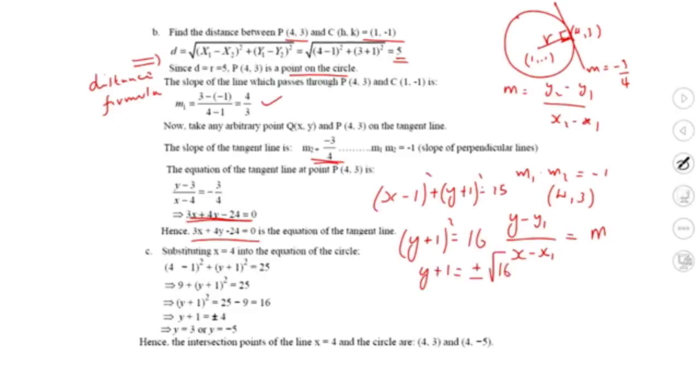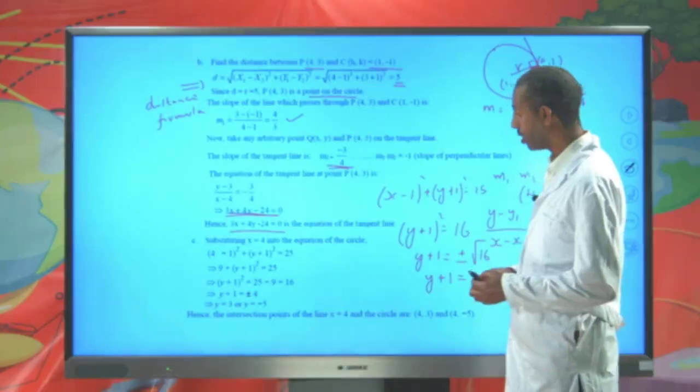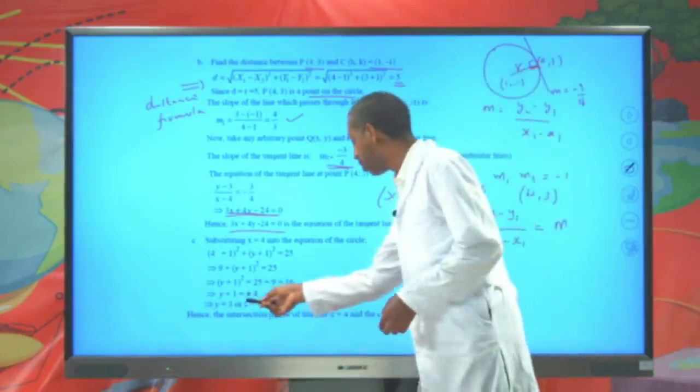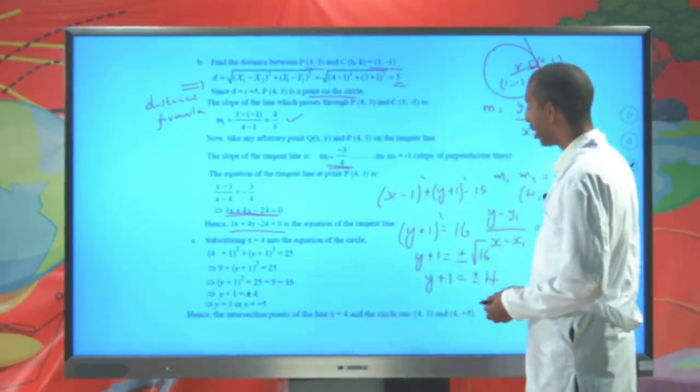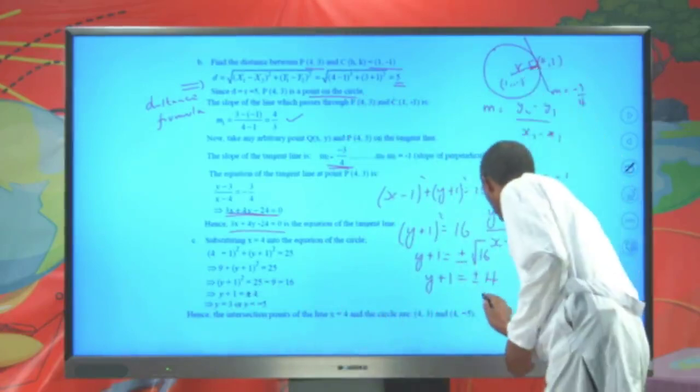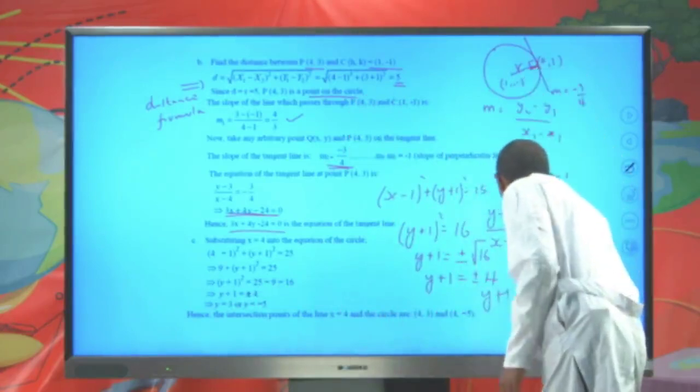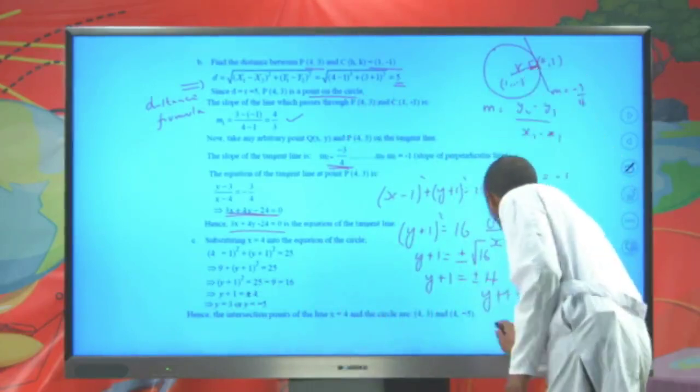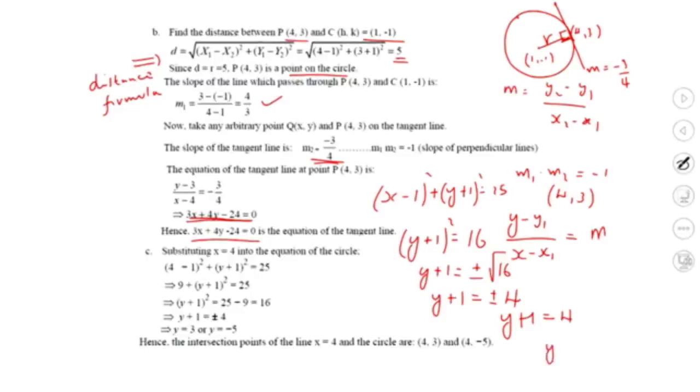So there are two possible values for y. This will give you y plus 1 is equal to plus or minus 4. Then let's make y the subject. Then y is positive 3 or y is negative 5, which means we have these two equations: y plus 1 is equal to positive 4, or y plus 1 is equal to negative 4.